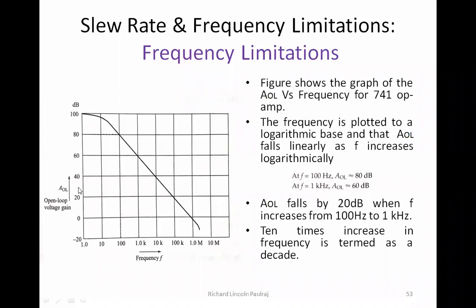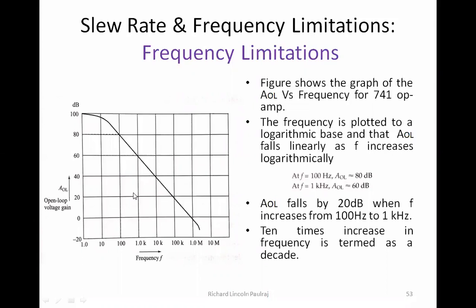Open loop refers to not having any load. If you have a load, then it becomes a closed loop. Fine. See, there are many concepts that you have to keep in mind.